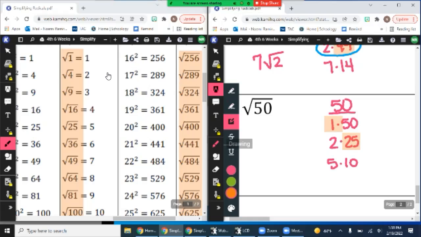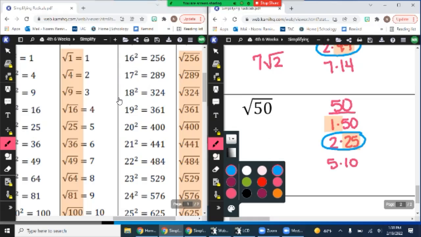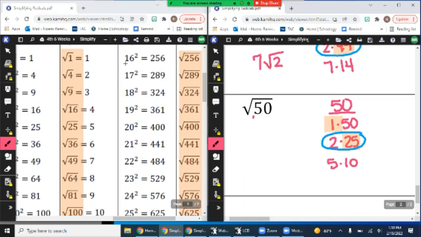And which one are we going to pick? 25. Okay. Now, which one's going to go in the front? 25. Now, I've had people think that the biggest number always goes in the front, but that's not always the case, okay? The highlighted number goes in the front. So what's the square root of 25? 5. 5 root 2.